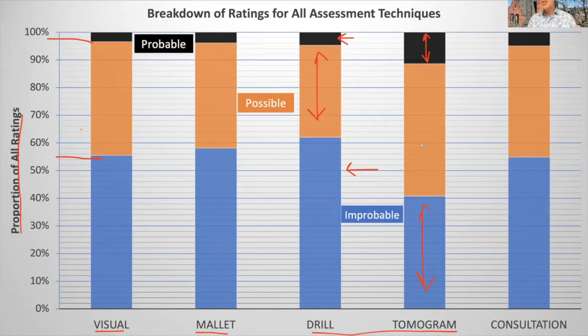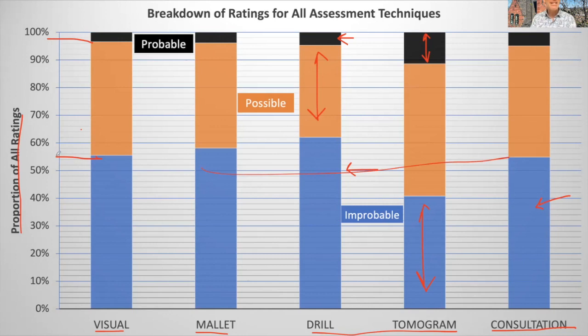So this shows you that the ratings in general, after people looked at the tomogram, the ratings went up as an overall proportion. There were more probables and fewer improbables. But then, after the last assessment technique, after the consultation, the amount of improbables goes right back to where it started.